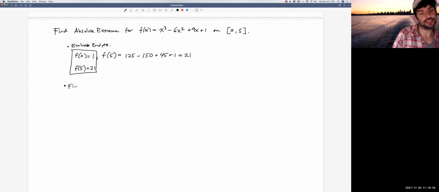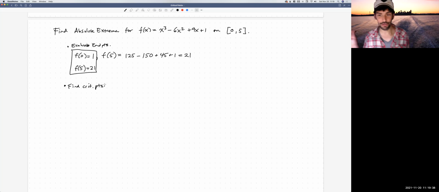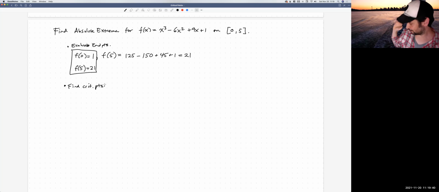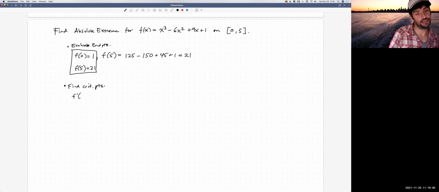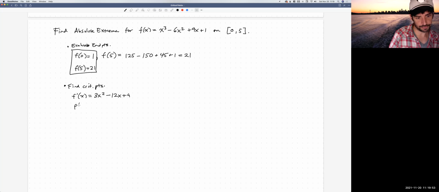Now I need to find the critical points. Again, critical points are the places where the derivative doesn't exist, where the derivative is 0. So we need to start by looking at the derivative. We got 3x squared minus 12x plus 9.